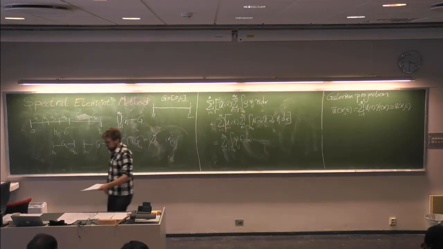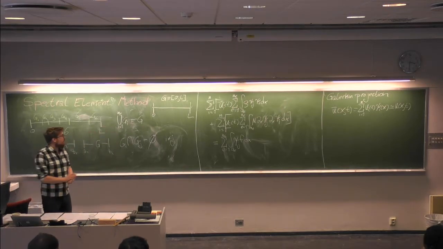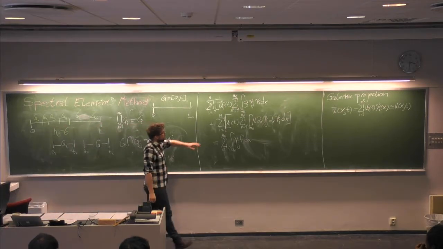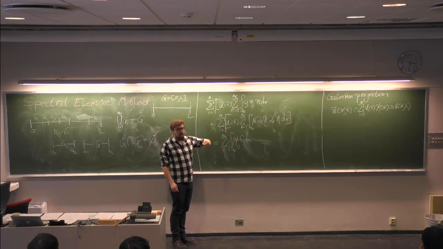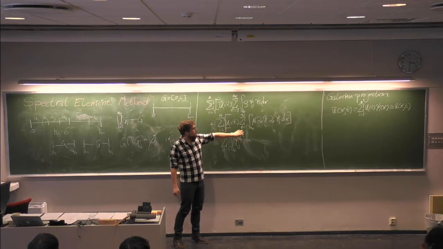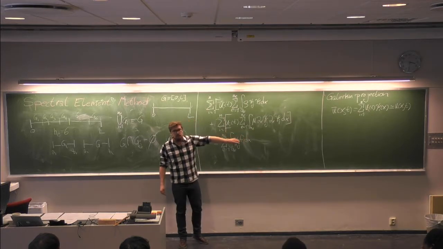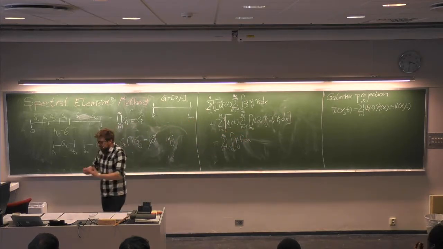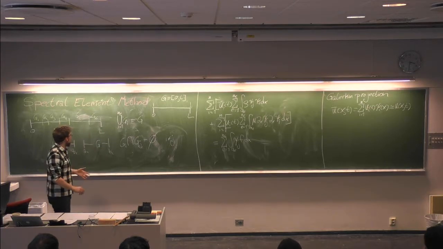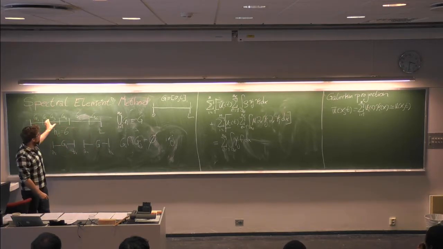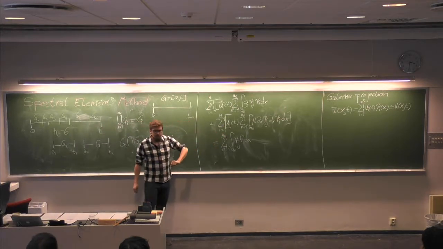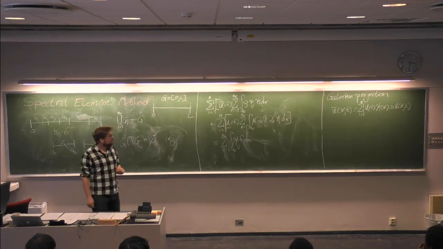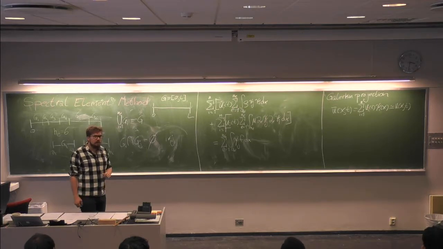So, in this formulation, these coefficients u_j from the projection depend on the full integral. So you have to integrate the full domain, so you need to know the answer in all of the domains before you can actually determine these coefficients. So what you can do is pick basis functions that only have support on one of the elements.